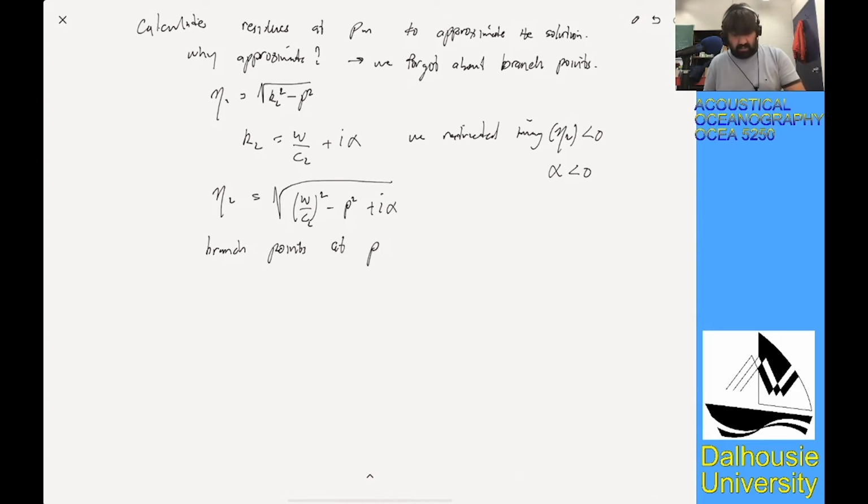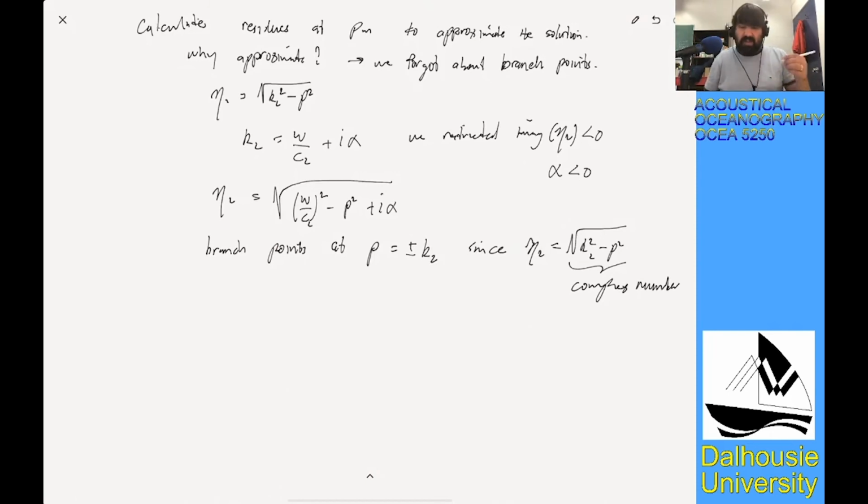at P equals plus or minus K2. Since this really is a complex number, essentially the idea is that if we think about this in polar terms, we can go around 2 pi and have the same number essentially a whole bunch of times, okay?